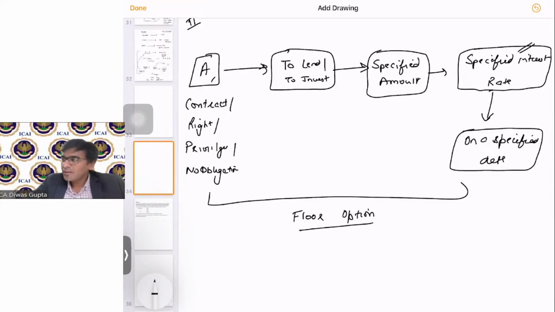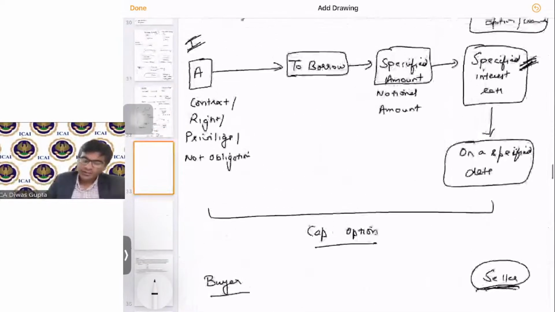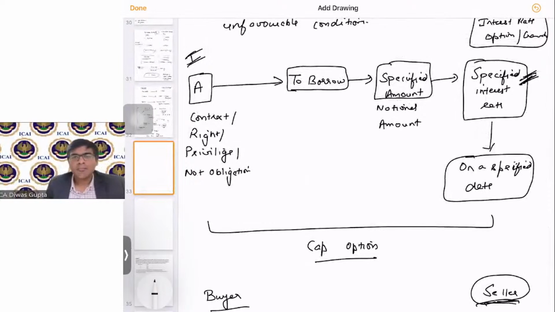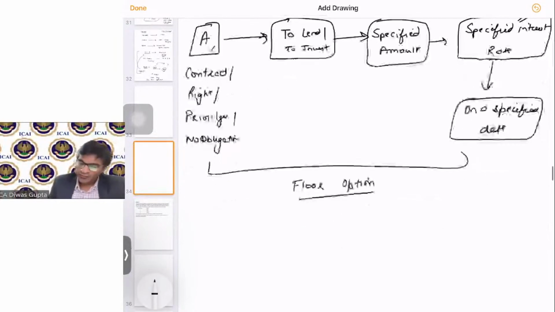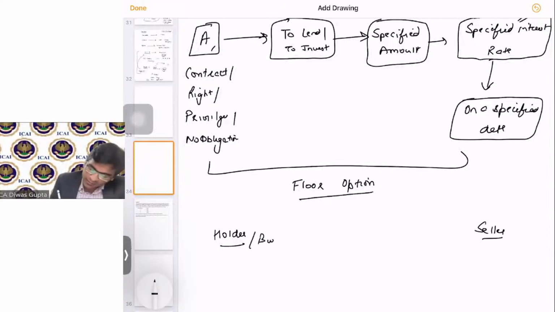So Kaushiki is saying that in both the borrower has a long position. I would say, Kaushiki, in this case, yes, the borrower has a long position, because the borrower is entering into a cap option, and anything which goes up, they will benefit. In this case, the holder of the contract, and this is the seller of the contract, I can say this is also the buyer.